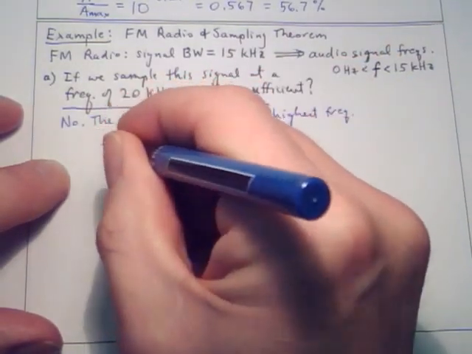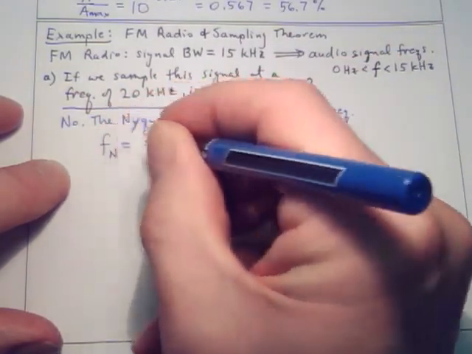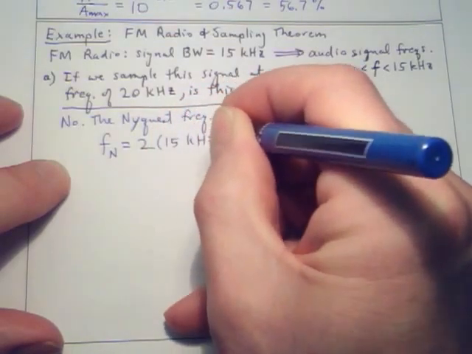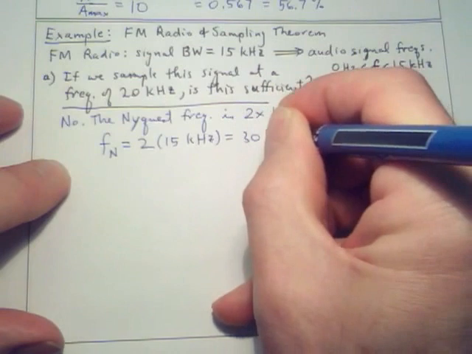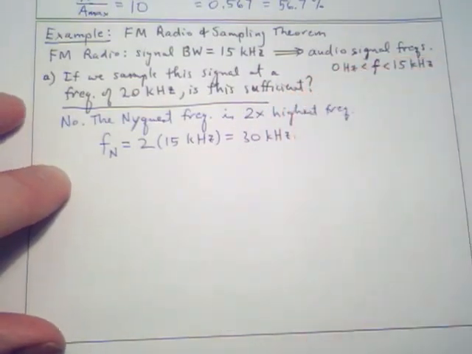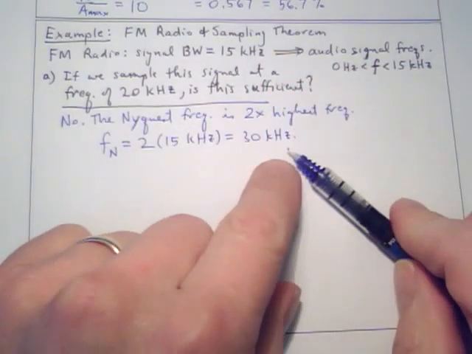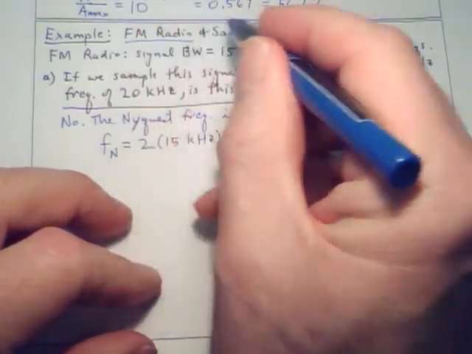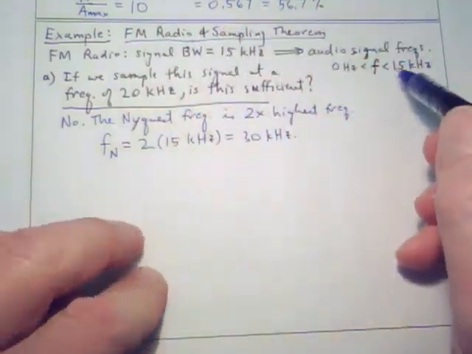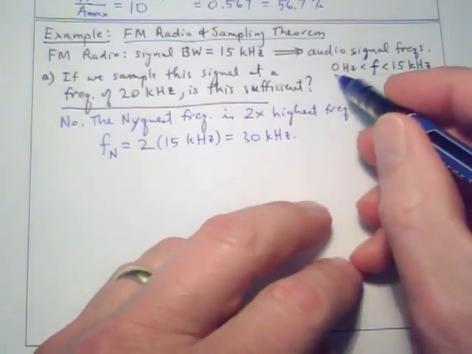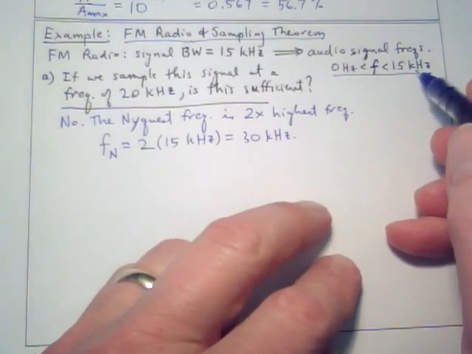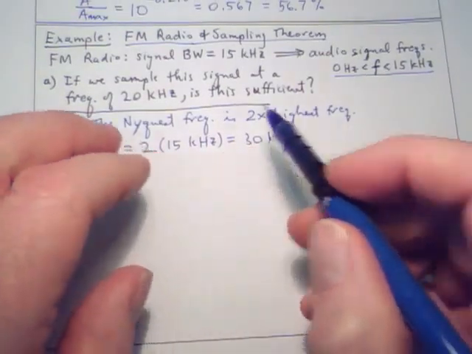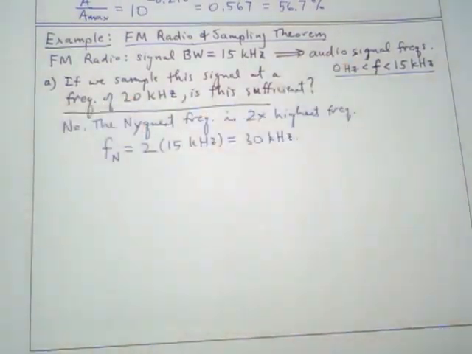So our Nyquist frequency, Fn, is 2 times 15 kilohertz, or 30 kilohertz. In order to successfully sample an FM radio signal that occupies 0 to 15 kilohertz, we would have to sample that signal at 30 kilohertz. And so 20 kilohertz is not sufficient.